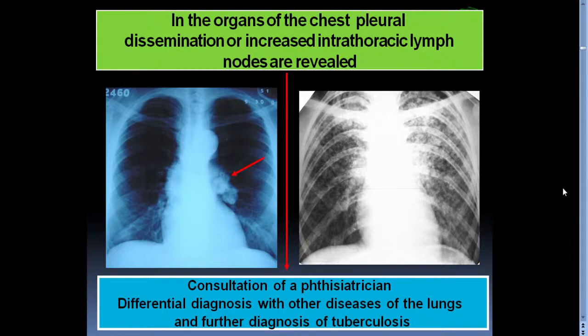On the left X-ray, you can see increased lymph nodes on the left side. And on the right X-ray, you can see dissemination, that is, many focal shadows in both lungs. In these cases, there must be consultation of a physiatrician.